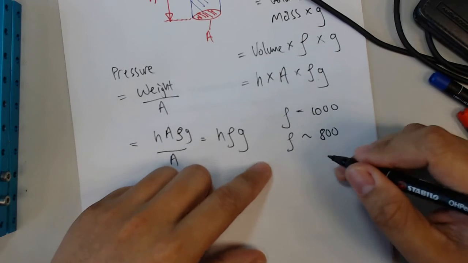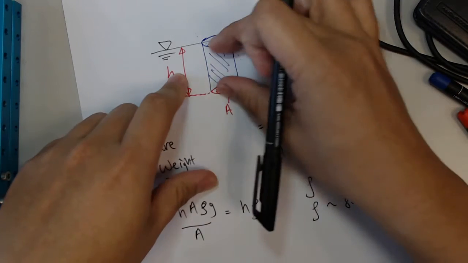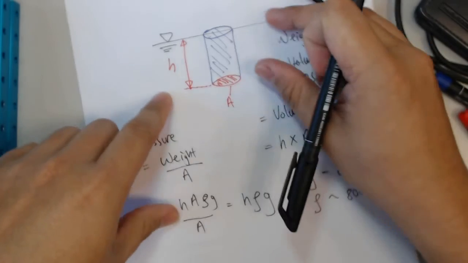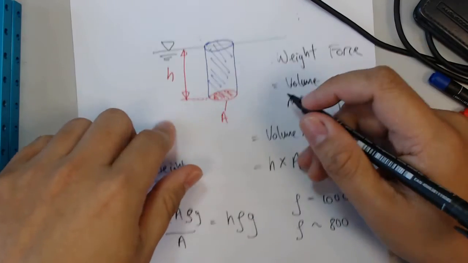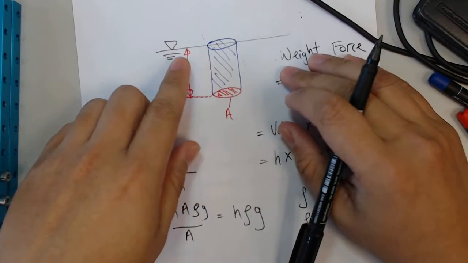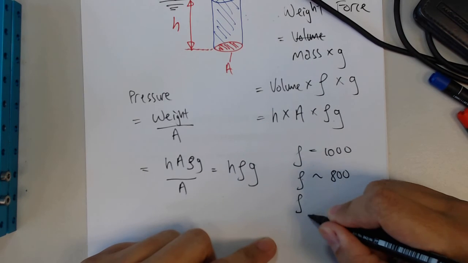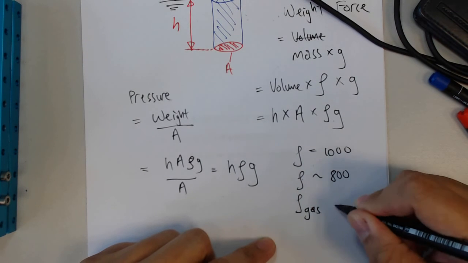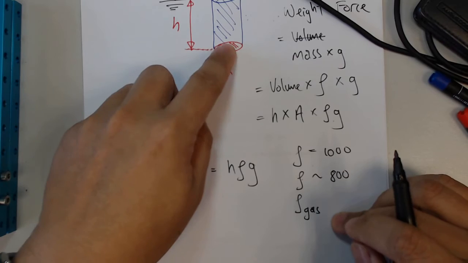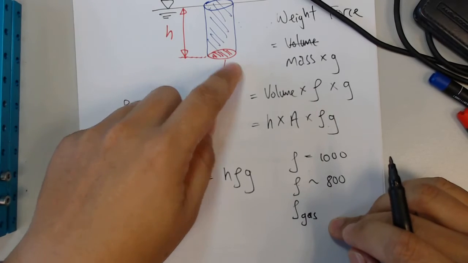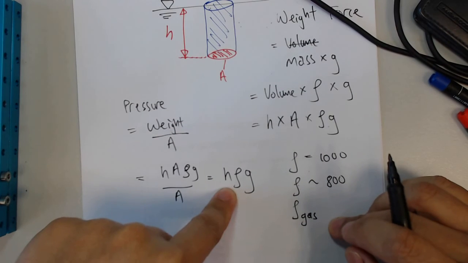In fact, this doesn't really have to be a liquid. It can even be a gas, and the concept will still be the same. It will just be the density of gas above this area A, and there will still be pressure.